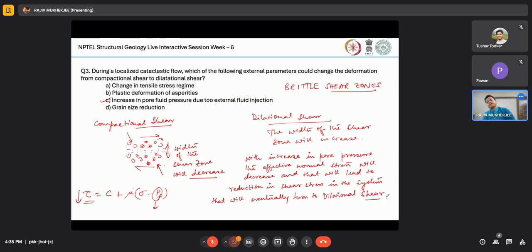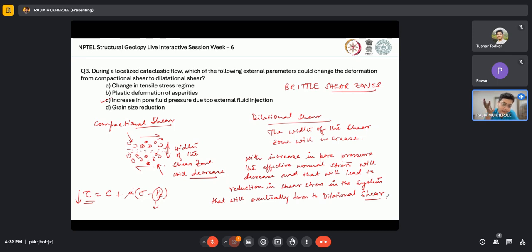So that is the main explanation behind the effect of pore fluid pressure in shear localization. Pore fluid pressure plays an important role, especially in this case. But in the ductile regime, there is a very small role of the porosity.